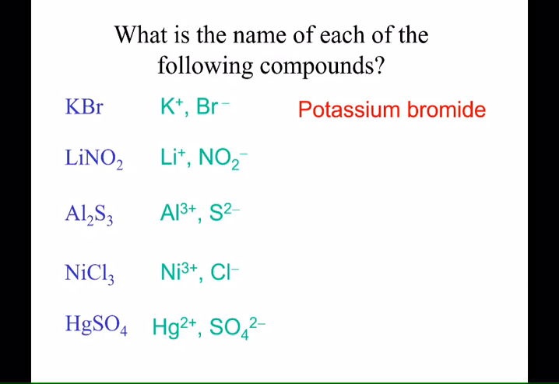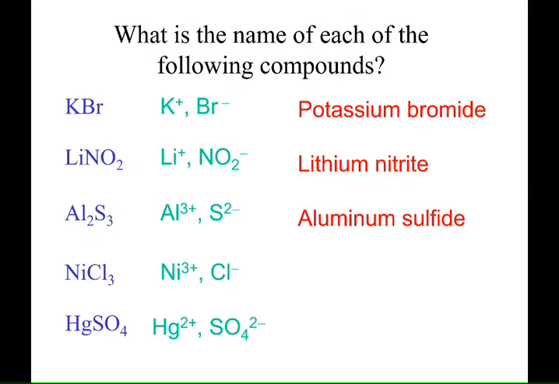How about the next one? I got lithium. Do we use Roman numerals? No, it's 1A. And then the name of NO2 minus 1 is nitrite. Lithium nitrite. Aluminum, no Roman numerals. Instead of sulfur, it's sulfide. So aluminum sulfide. Do we use Roman numerals on nickel? Yes, we use Roman numerals on nickel.